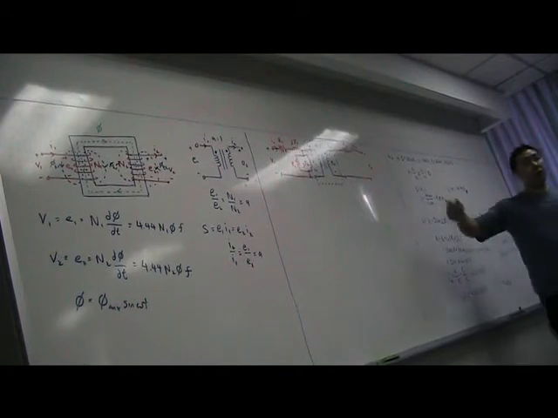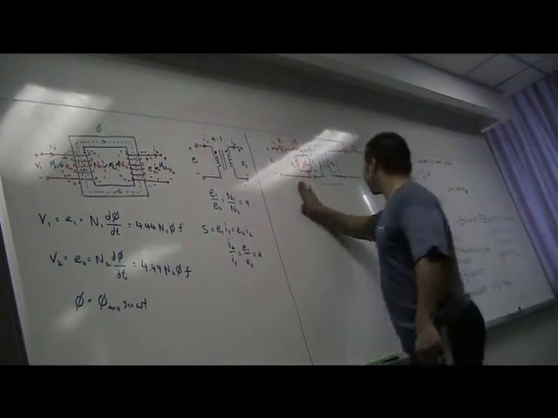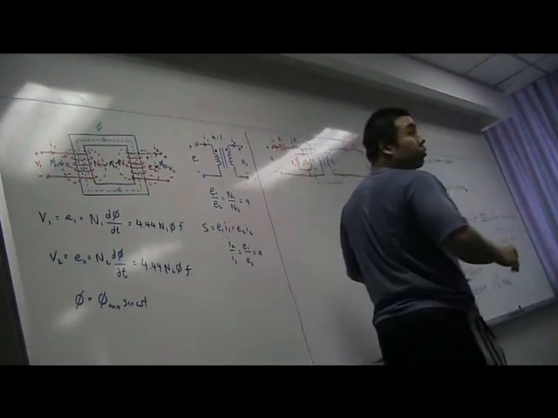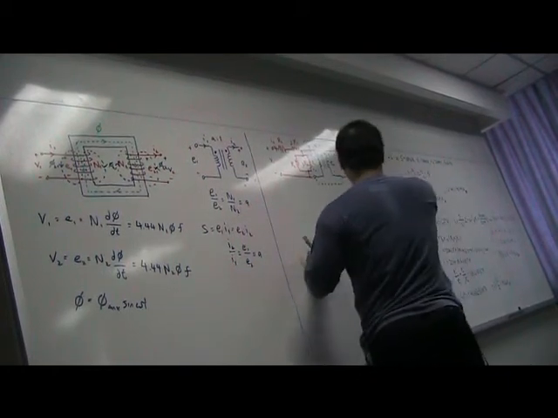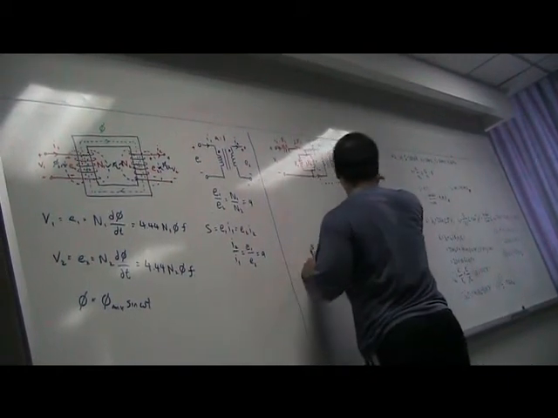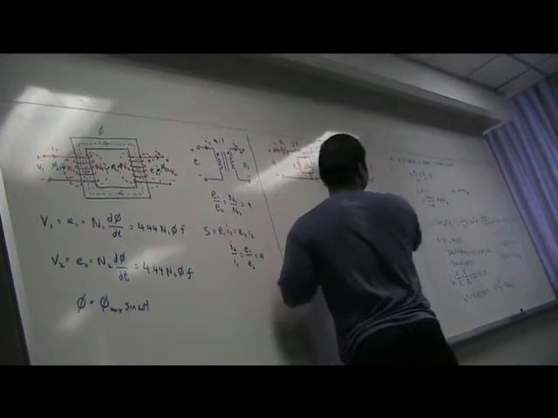Just now, we reflected everything from the primary side to the secondary side. Now we can do the opposite as well. We bring everything from the secondary side to the primary side.